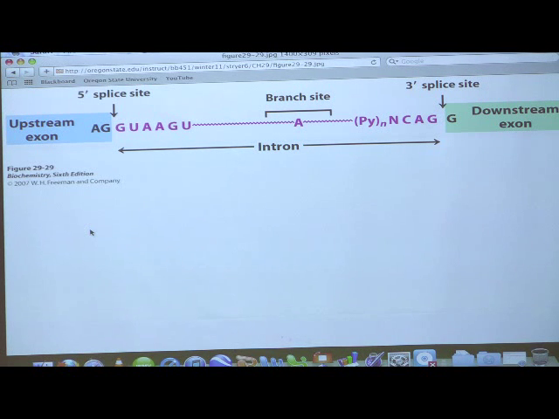All right? At the 5' end, the only absolutely conserved sequence among introns is GU. GU must be kidding, right? GU is found in all of them. This is a consensus sequence where we'll see some of these other sequences appearing in some introns but not others. But GU is found at the 5' end of all introns in eukaryotes.